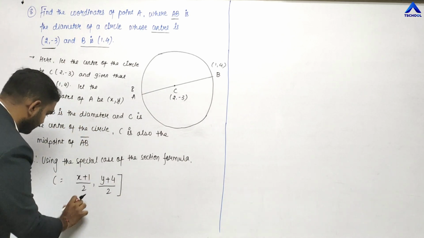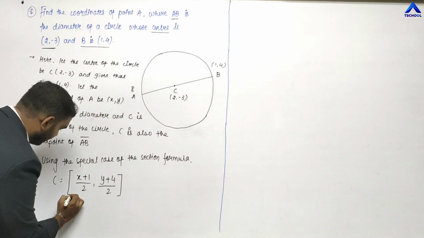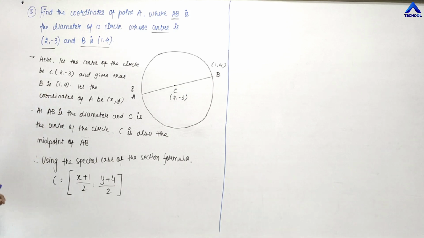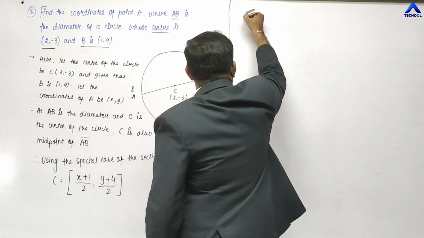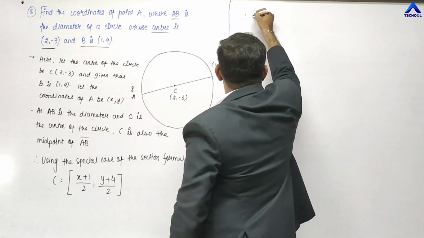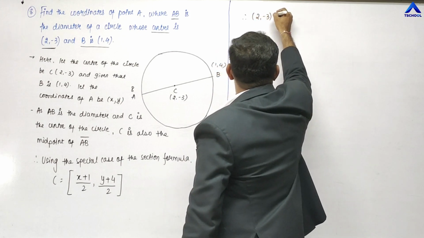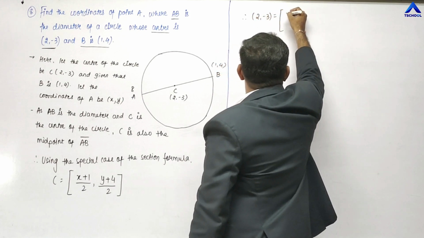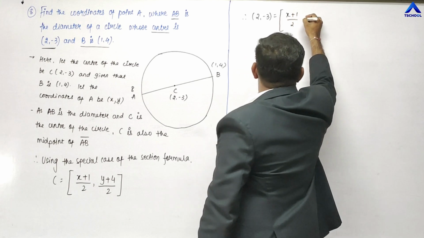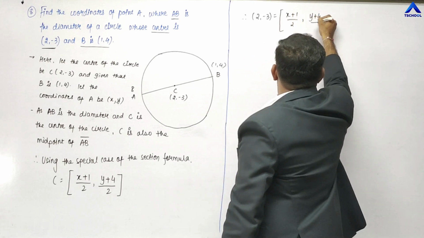Yes or no? So this is how the special case of the section formula, also known as the midpoint theorem, is applied. Therefore we have the coordinates of C, that is 2, -3 equals x plus 1 by 2, y plus 4 by 2.